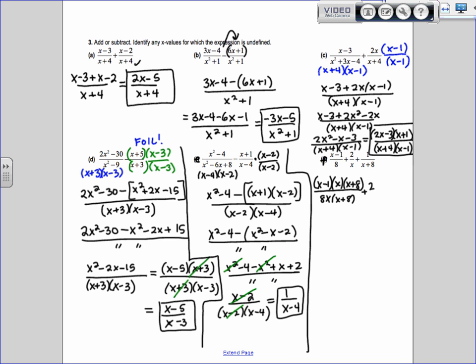It's over an x, so I'm going to need an 8 and an x plus 8. So 2 times 8 times x plus 8, over 8x times x plus 8. And the last one is a 1 over x plus 8. So it's going to need an x and an 8. So 1 times 8x over 8x times x plus 8.